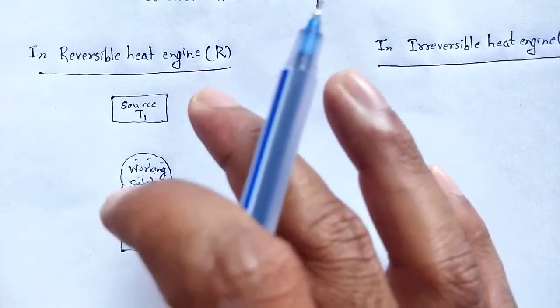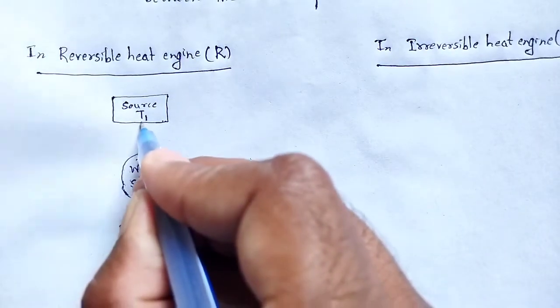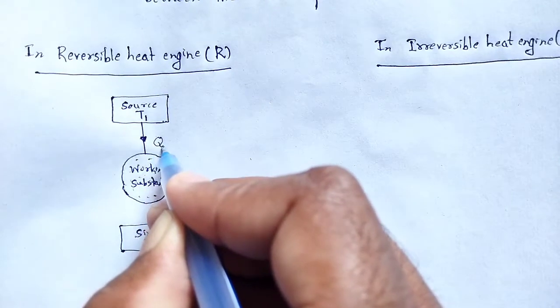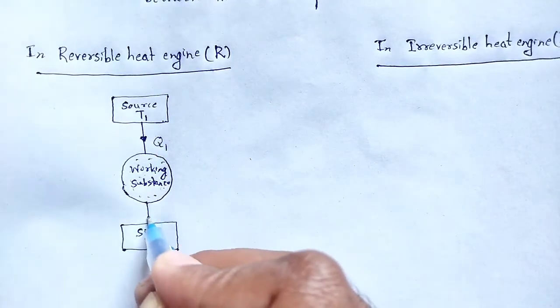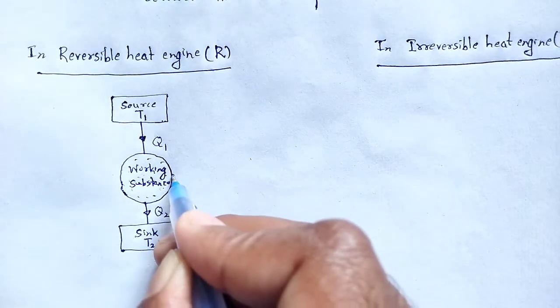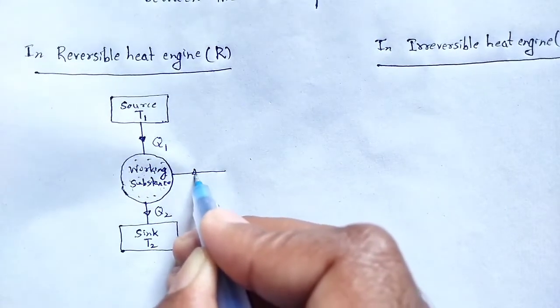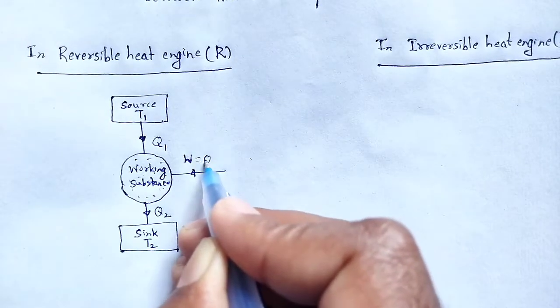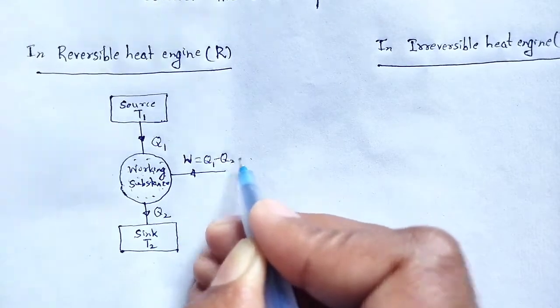In the reversible case, this is Q1, the heat at temperature T2 is Q2, and the work done per cycle W is equal to Q1 minus Q2.